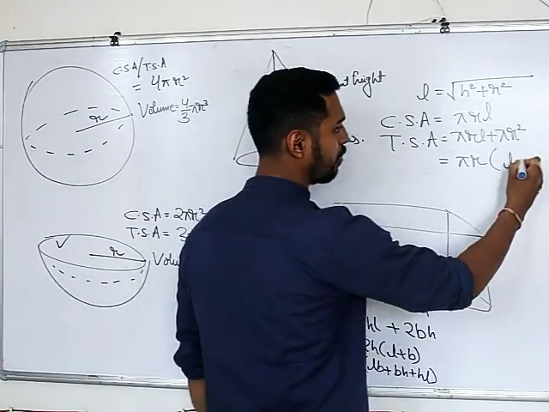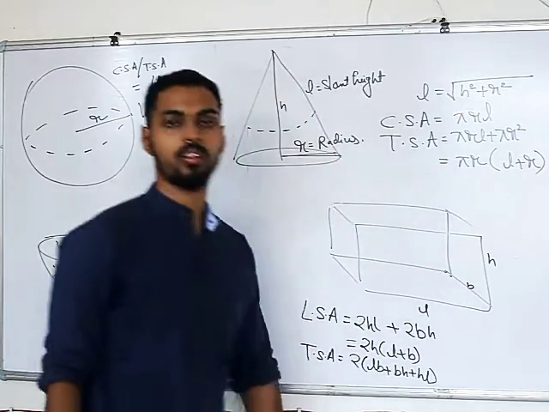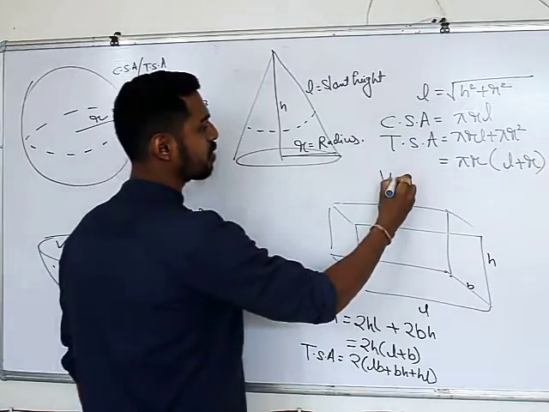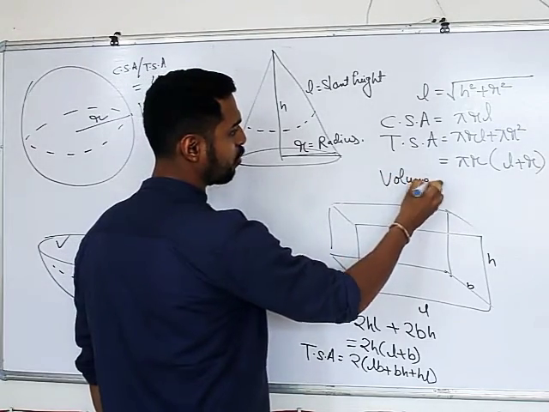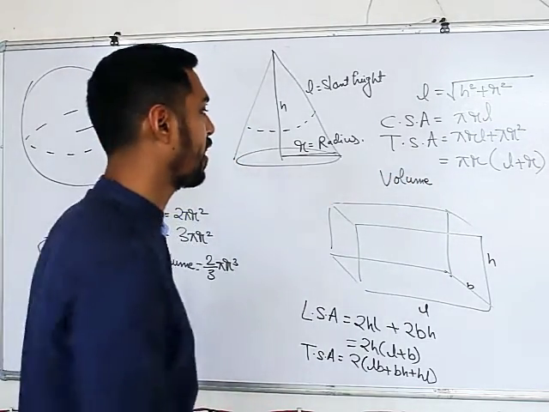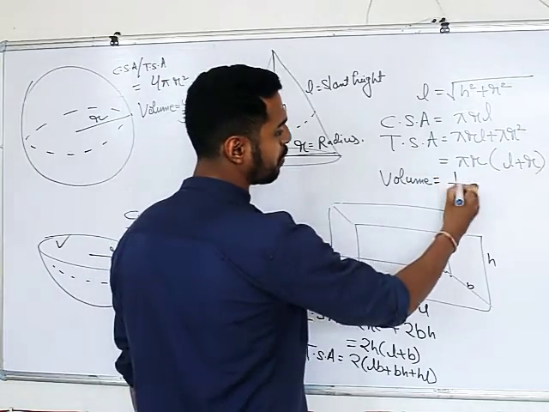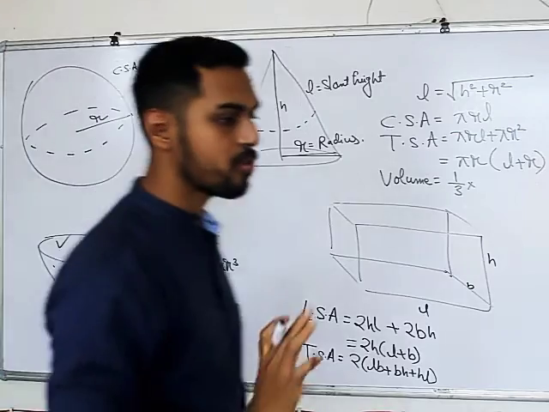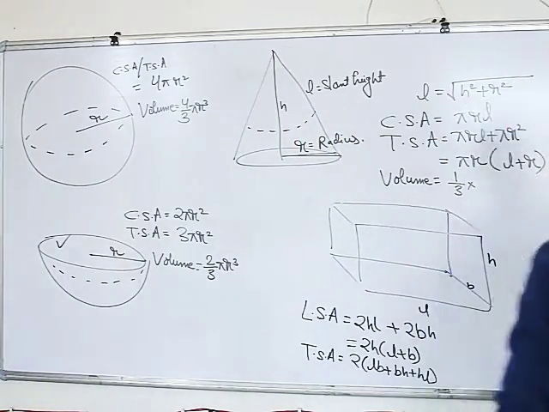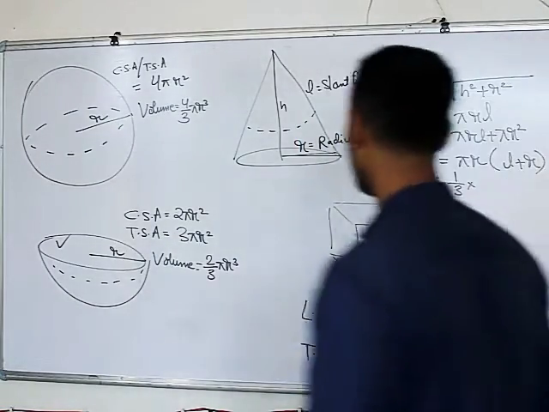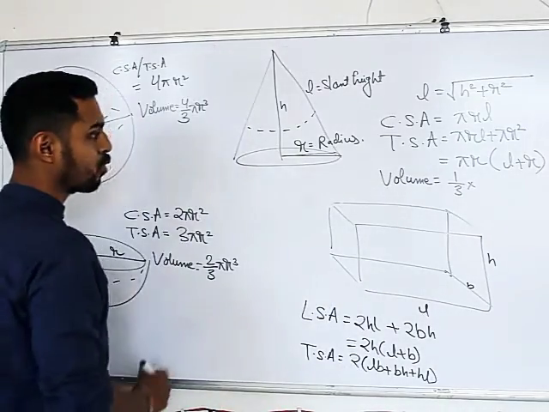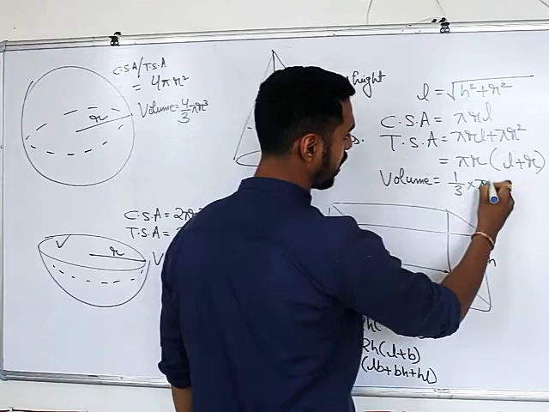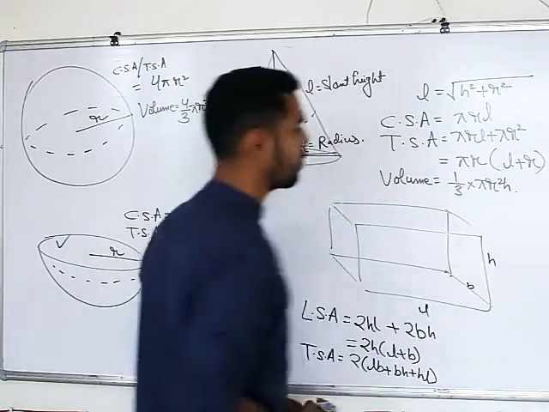We will be only left with L plus R. Done. After that, volume of this cone will be 1 by 3 of cylinder, and the volume of cylinder is pi r square h. So volume of this cone will be 1 by 3 pi r square h. Done.